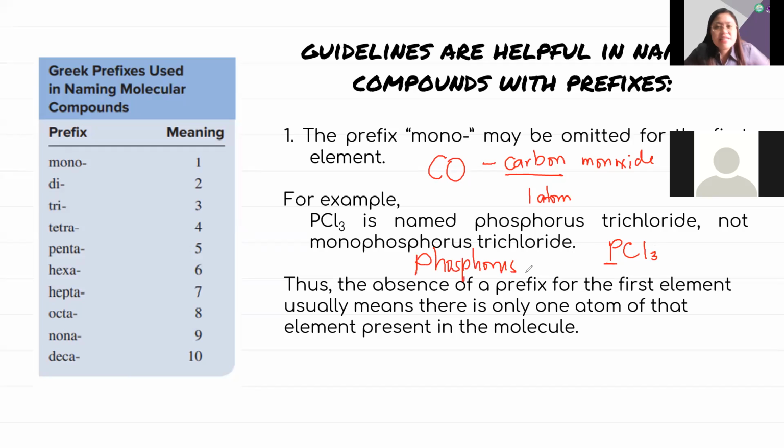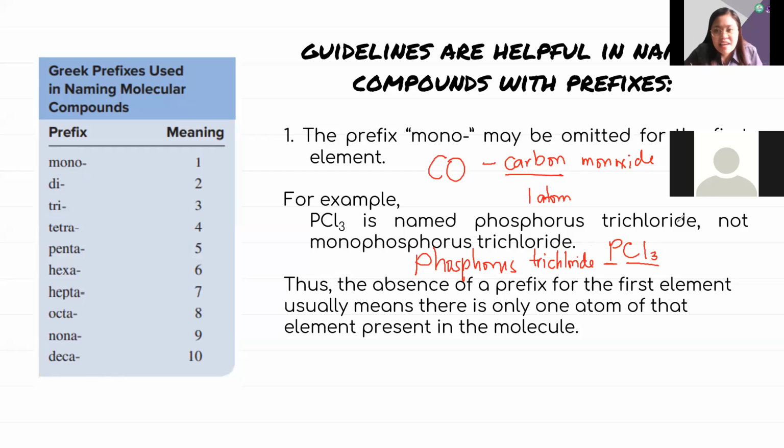Okay, so thus the absence of a prefix for the first element means that there is only one atom of that element present in the molecule. So phosphorus lang ta diretso, and then Cl3, which means tatlo kabuok ang chloride. So butangan nato siya prefix na tri, and then let's have the chloride.